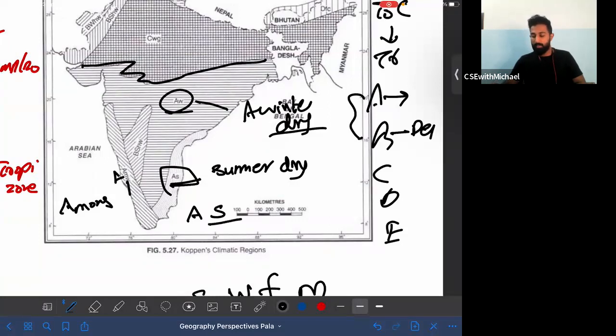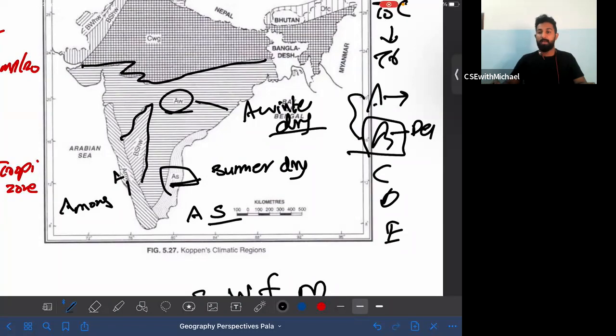Now rest of the peninsula is AW, tropical climate with winter dry season and summer rainfall. Now BSHW is a different one. B refers to semi-arid condition where there is water deficiency, precipitation is less than evapotranspiration. S is for steppe type of climate.